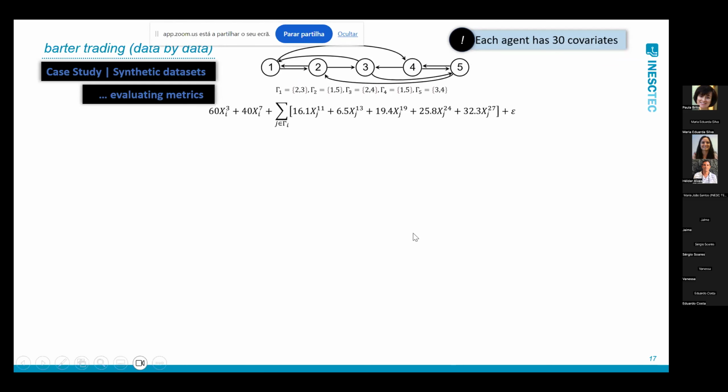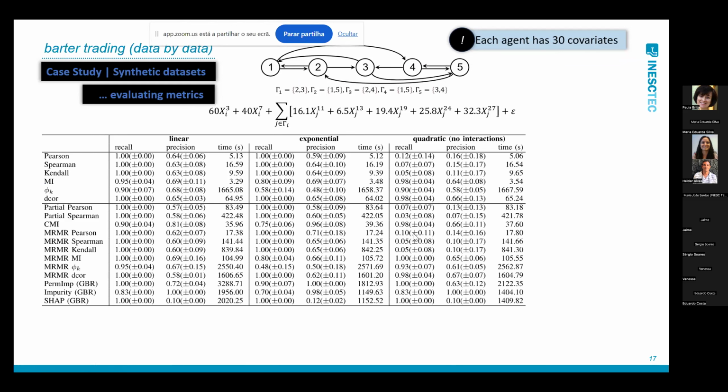So we try to evaluate first what is the best metric to detect if a feature is relevant or not. We compare the classical correlation methods, Pearson, Spearman, and Kendall. We then have mutual information, Phi-K, which is a recent metric from 2022, I think, and then distance correlation.